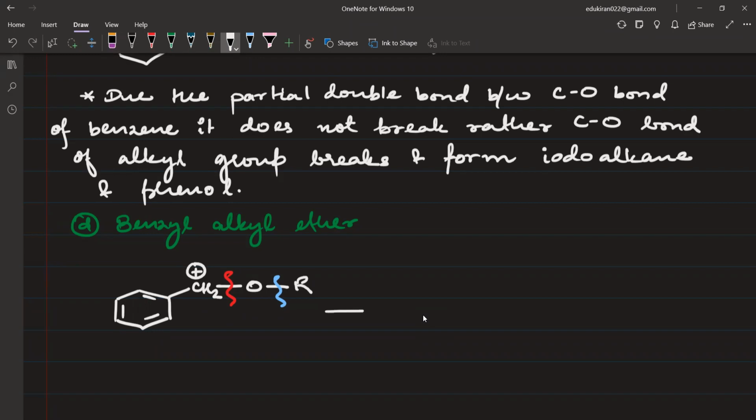Okay, so after this you will write. The bond that breaks is what forms your haloalkane. So you'll get CH2, in the presence of HI, CH2I plus ROH.